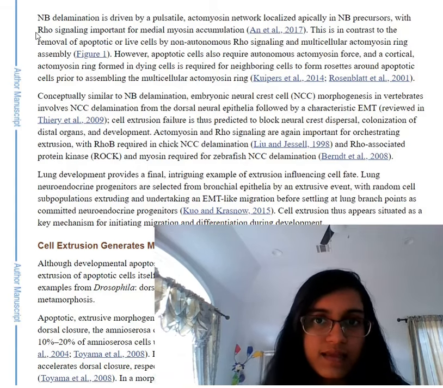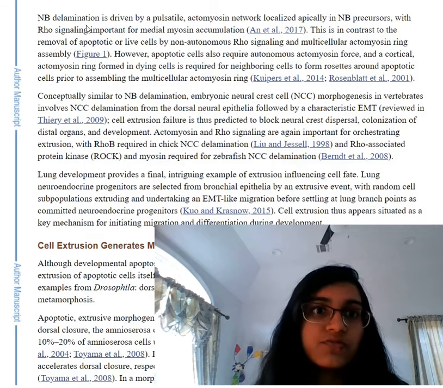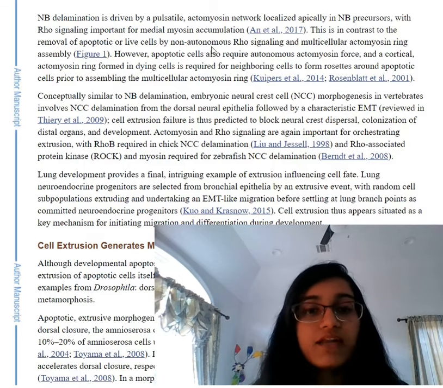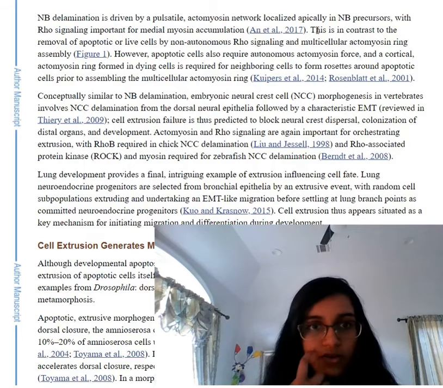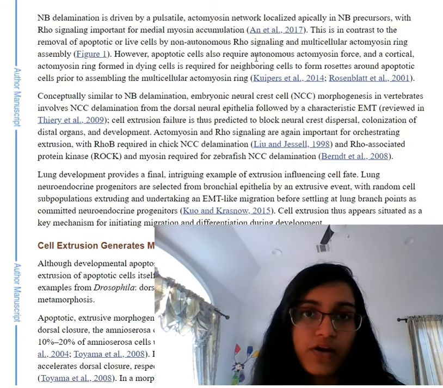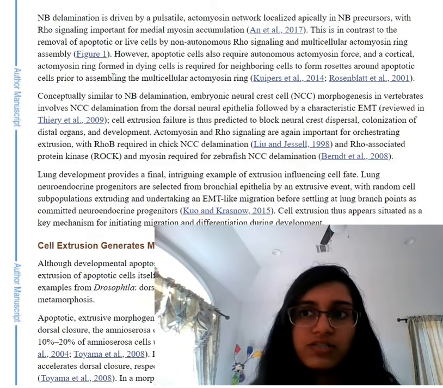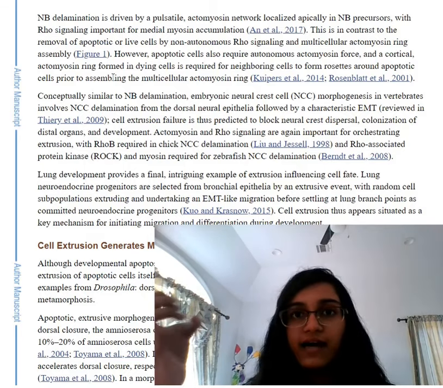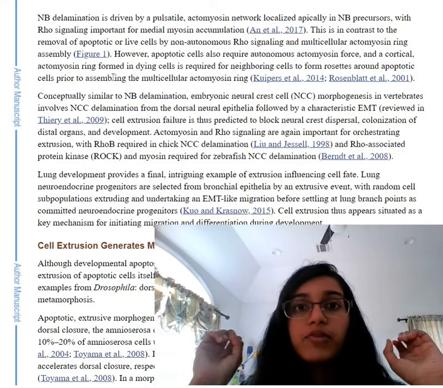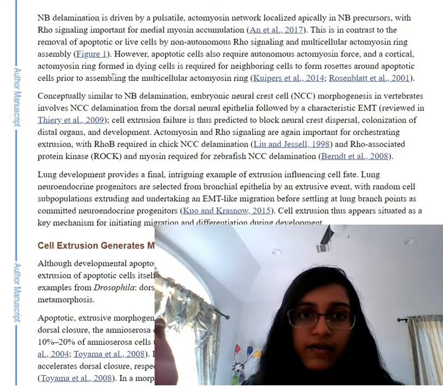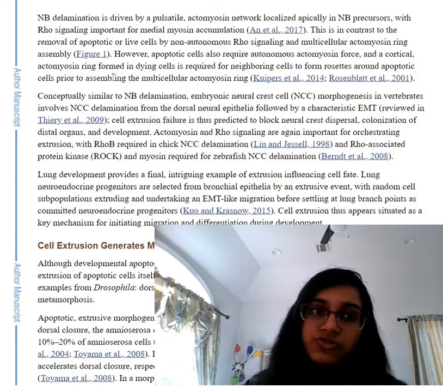They go on to say this is in contrast to removal of apoptotic or live cells by non-autonomous Rho signaling. And they also say that apoptotic cells require autonomous actomyosin force, and the cortical actomyosin ring formed in dying cells is required for neighboring cells to form rosettes around apoptotic cells prior to assembling the multicellular actomyosin ring. So basically the main point of that, as we said, was that both actomyosin and Rho signaling play important roles in linking cell fate to cell extrusion.